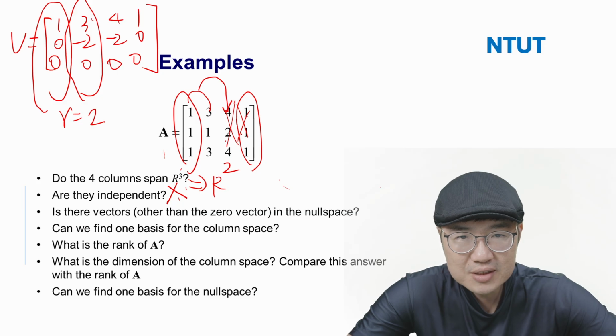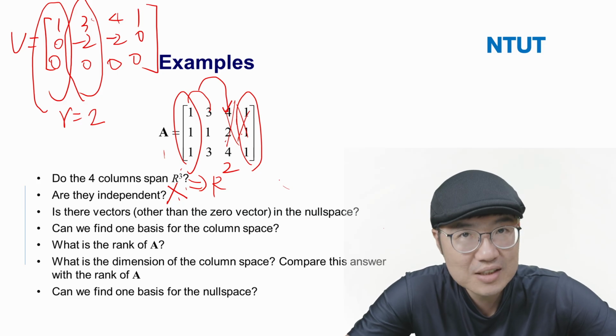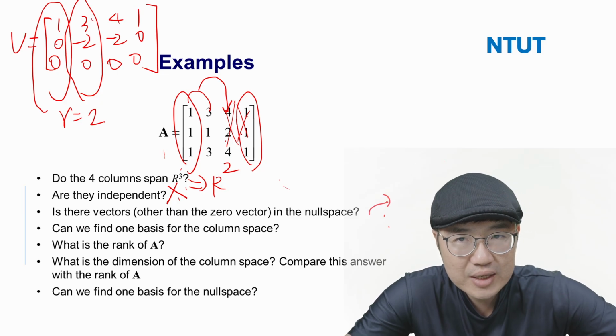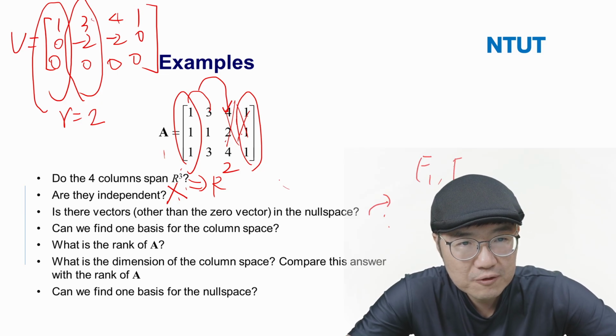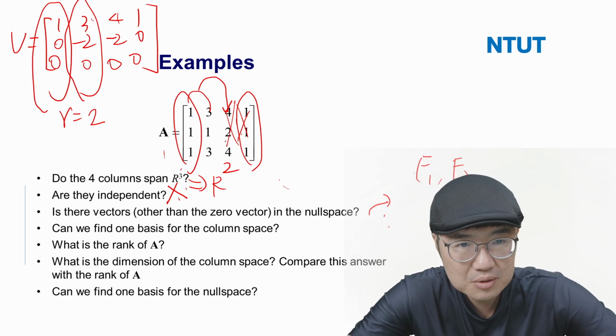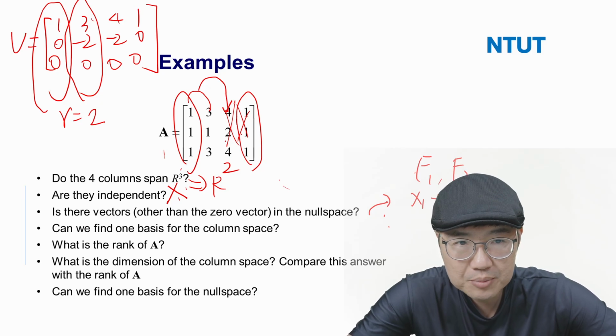So are there vectors in the null space other than the 0? Yes, because we can have 2 free variables, which are further substituted by the pivot variables.